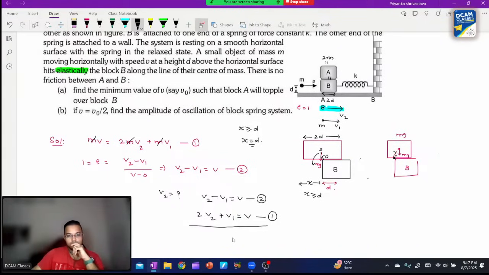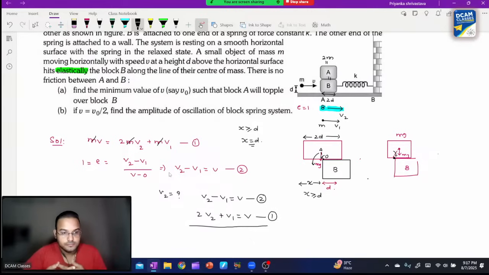e is equal to 1, no, sir. e is equal to 1. Yes. Now, how much time are you taking to solve this?